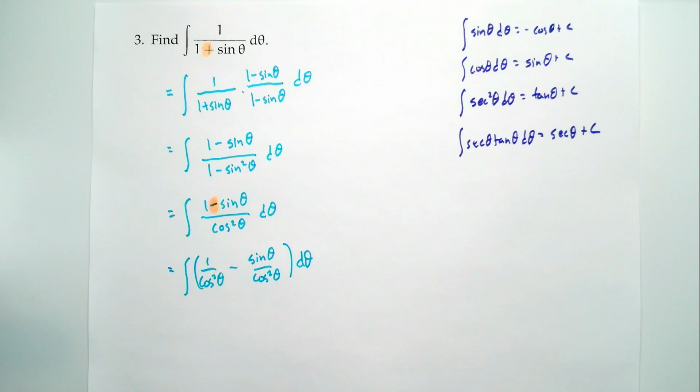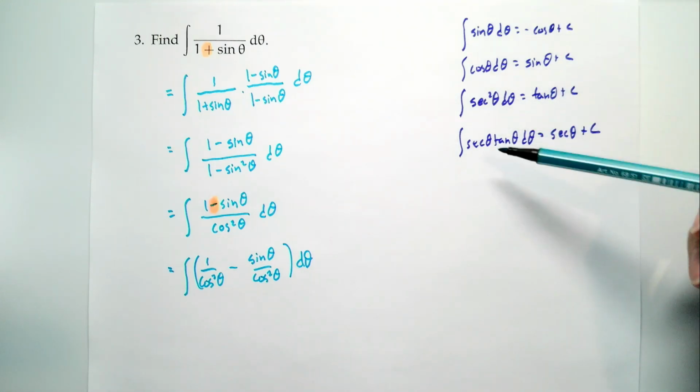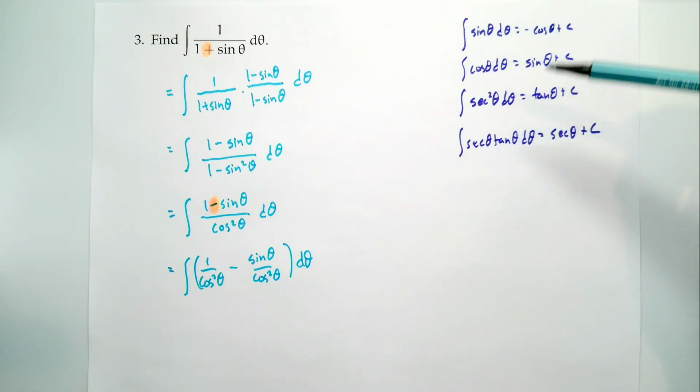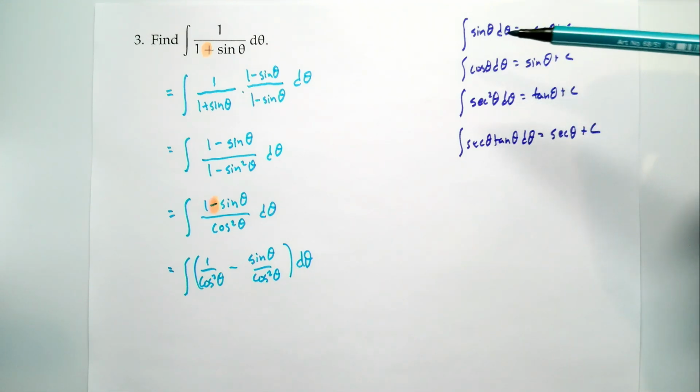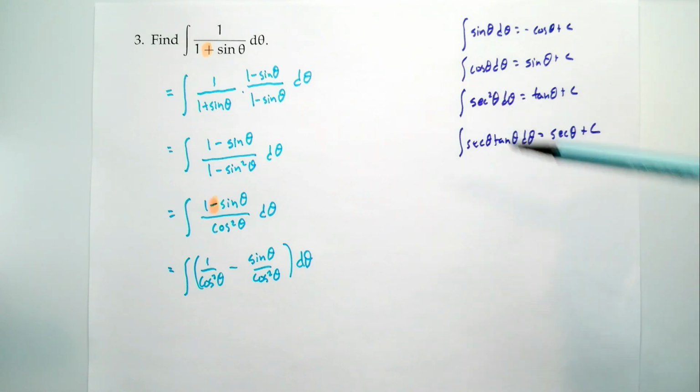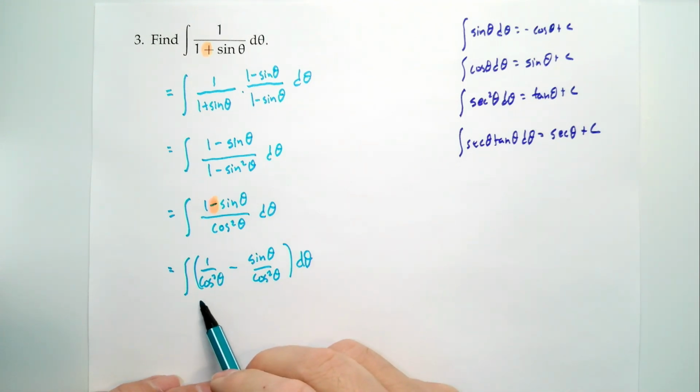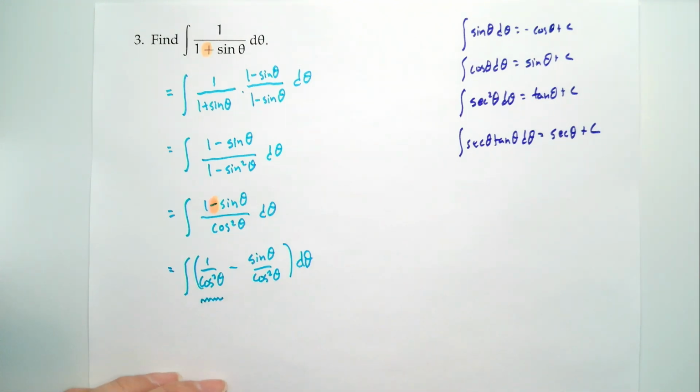All right, good. Now is the time for us to say, okay, let's think about where our goal is. Our goal is we want to write it as some combination of sine, cosine, secant squared, and secant tangent. Because those are the things we can do. So we ask ourselves, for example, 1 over cosine squared. Is there a nice way for us to rewrite 1 over cosine squared?